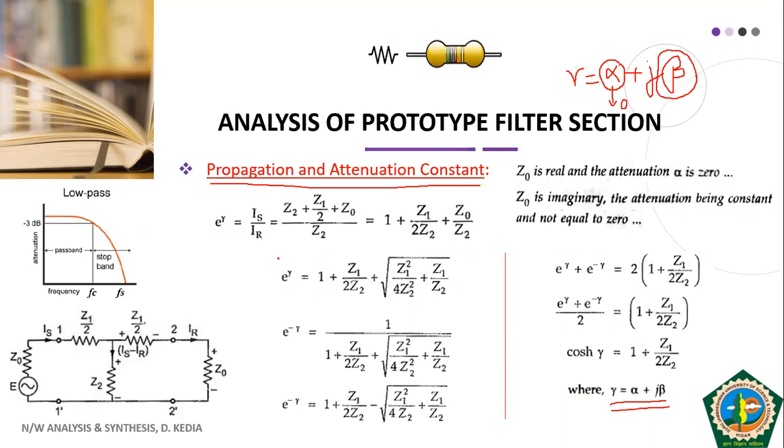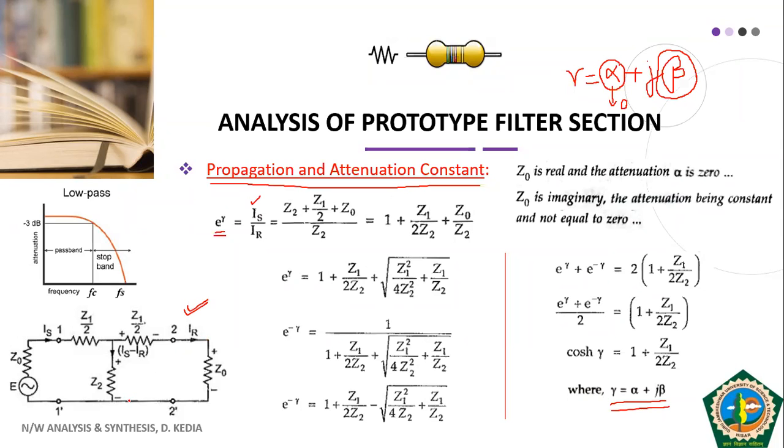So now let us find out the expression for your propagation constant. Okay, so we define propagation constant as e raised to power gamma equal to Is by Ir. Okay, and how do we define this Is and Ir? See, you look carefully at this formula.